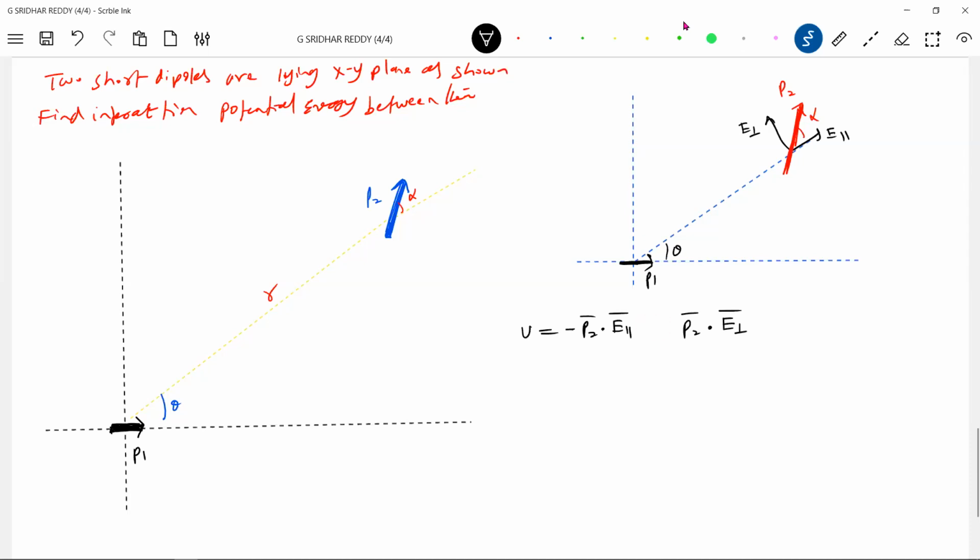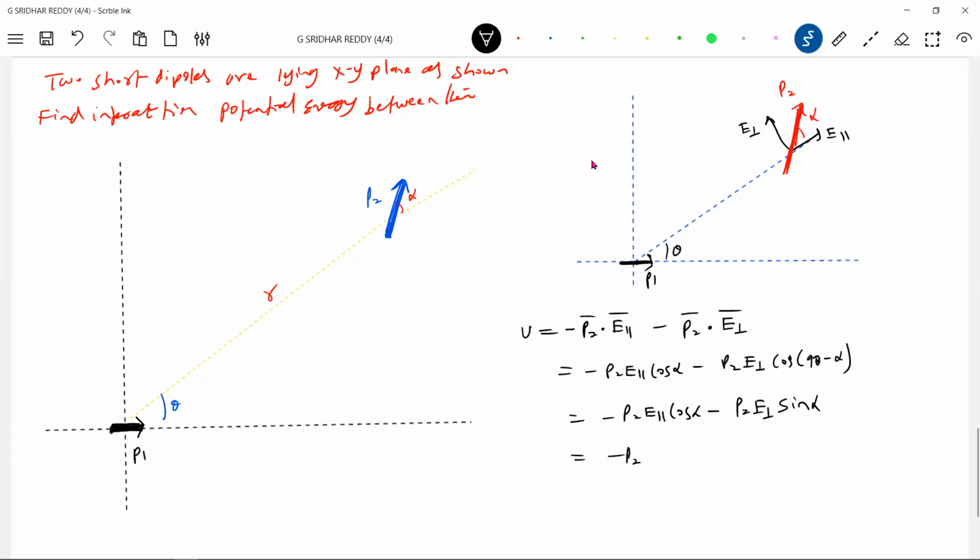I'll write in vector form first. So U equals minus of P2 E parallel cos alpha plus P2 E perpendicular times cos of the angle between them. What is the angle between them? Cos of 90 minus alpha, which is sin alpha. Good, thank you. Keep it here. Now I think we are in a better position.